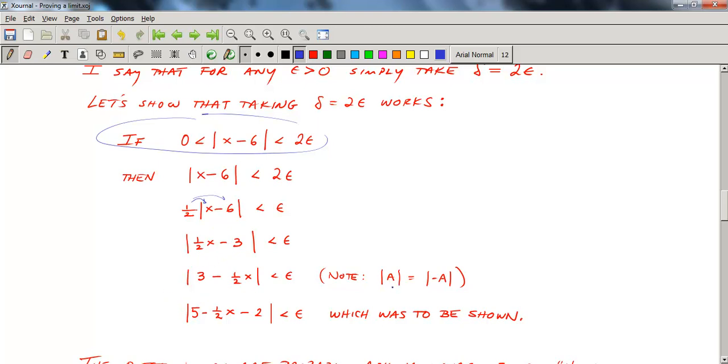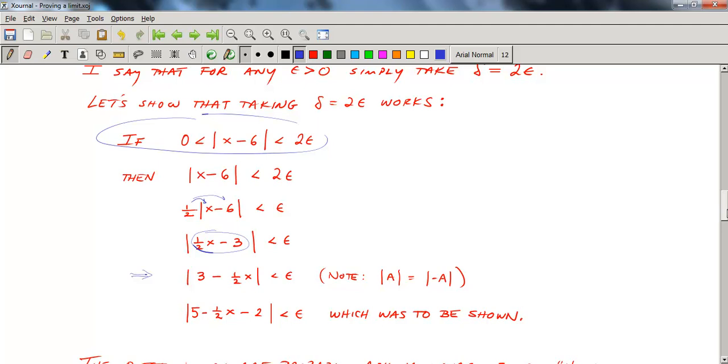But it is true that the absolute value of a is equal to the absolute value of the opposite of a. So by taking the opposite of this quantity, I produce this statement right here. Namely, that the absolute value of 3 minus 1/2 x is less than epsilon. And by rewriting 3 as 5 minus 2, we end up with exactly the conclusion that we wanted.